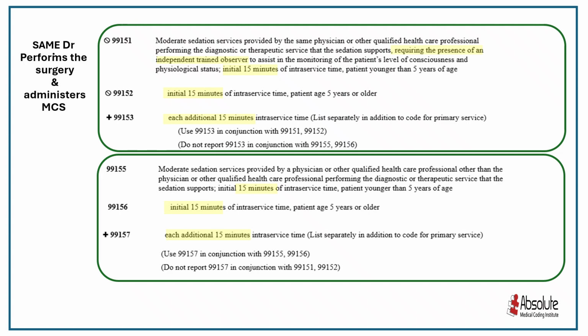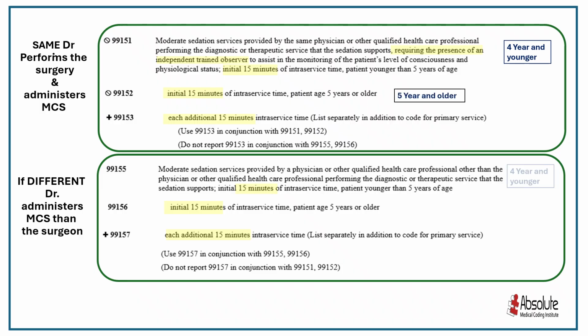Next, we have code series 99155 through 99157 that are used when one physician performs a procedure and a different physician or qualified healthcare professional provides the moderate sedation. These codes are further classified based on the patient's age.